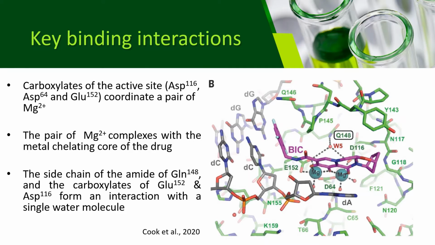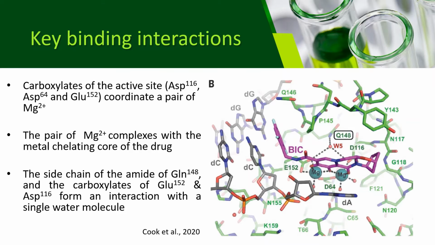So I thought it wise to mention the key binding interaction just with a snapshot picture. Very briefly, the carboxylates of the active site, aspartate 64, aspartate 116 and glutamate 152, coordinate a pair of magnesium ions.